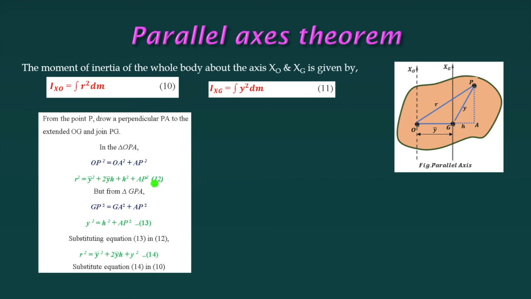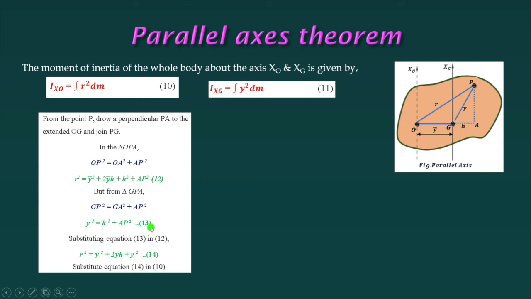Now again consider triangle GPA. For GPA, we can write GP square equals AP square plus AG square, again by Pythagoras theorem, where GP is y, AG is h, and this is AP square.